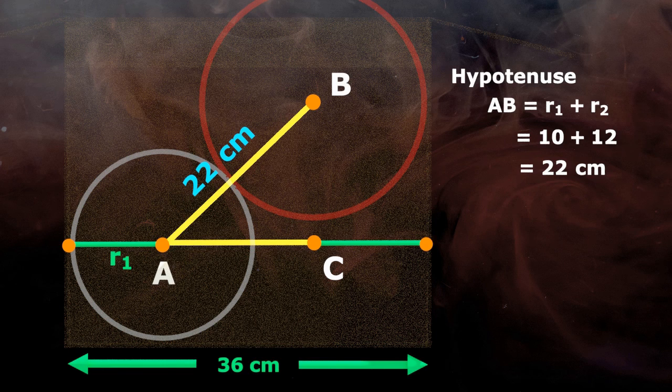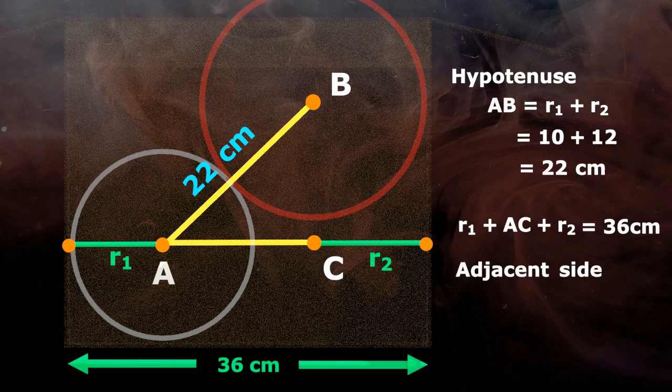AC we need to find, and the distance C to box is equal to radius R2. So the summation of all these sides is equal to 36 centimeter. And we get adjacent side AC equals 36 minus 10 minus 12 equals 14 centimeter.